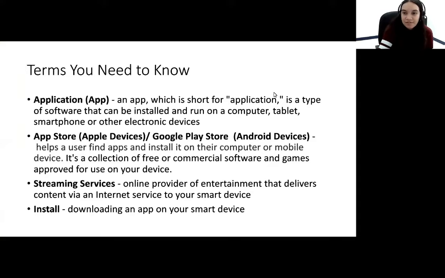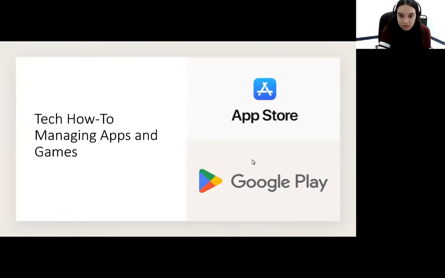For people that have Android phones or Android tablets, so the company may be by Samsung, you would go to the Google Play Store. And the Google Play Store, if we go back one again, it looks different than how it looks as the App Store. So for Apple fans, you have the blue icon. For Android, it is the little triangle rainbow icon.